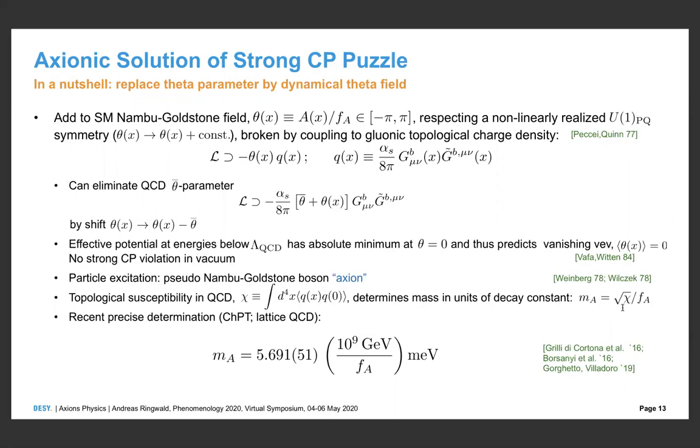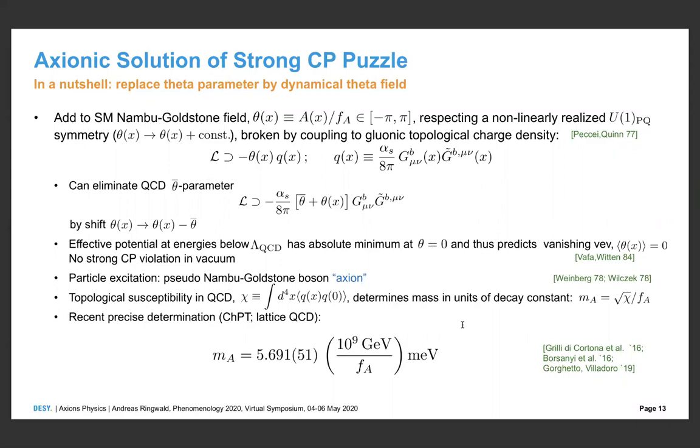So the mass will be given by the square root of the topological susceptibility divided by the decay constant, and the recent precise determination both in chiral perturbation theory and also in lattice QCD now gives a mass of the order of 5.7 milli-electron volt for a decay constant of the order of 10 to the 9 GeV.